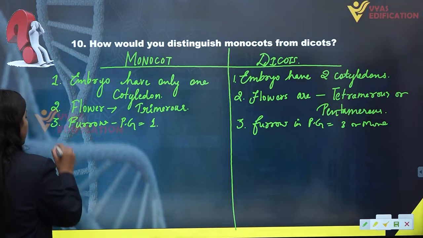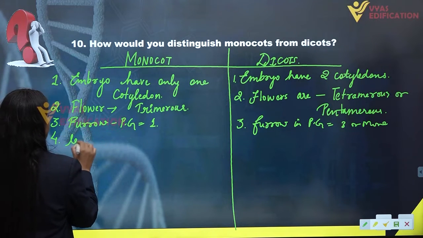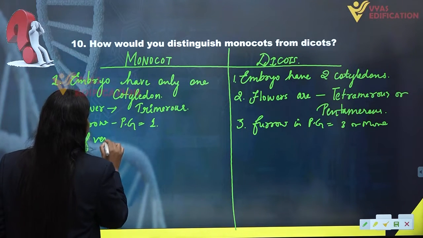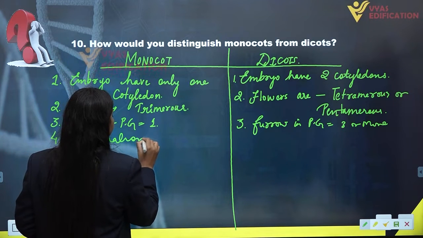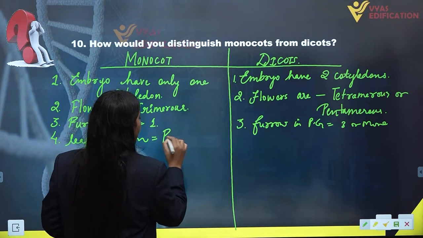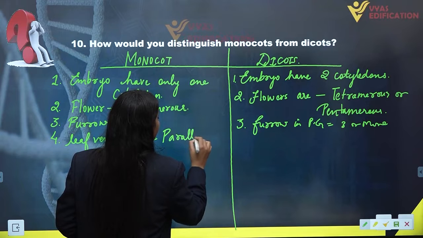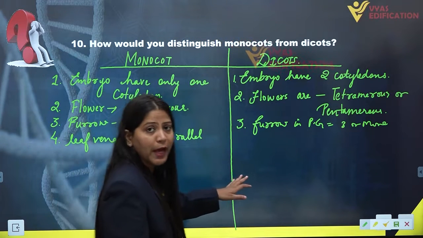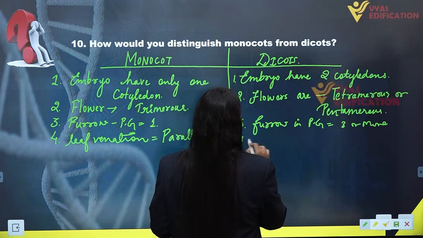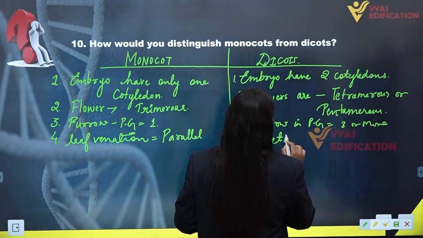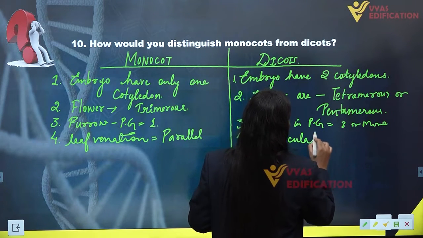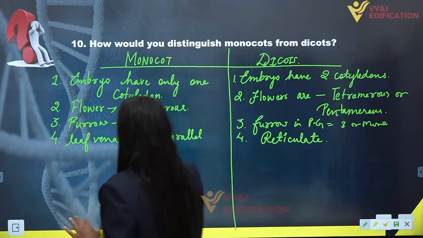Now, the leaf venation is parallel in monocots, and in case of dicots, the leaf venation is reticulate, a network-like structure.